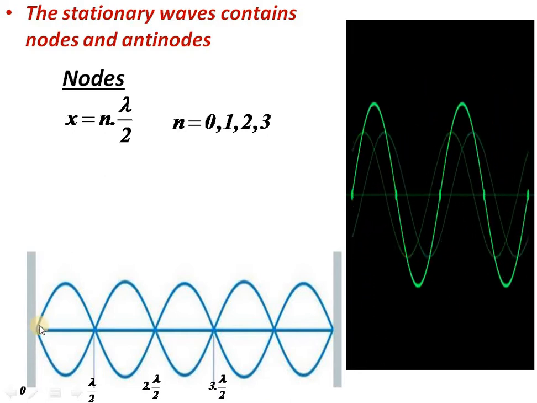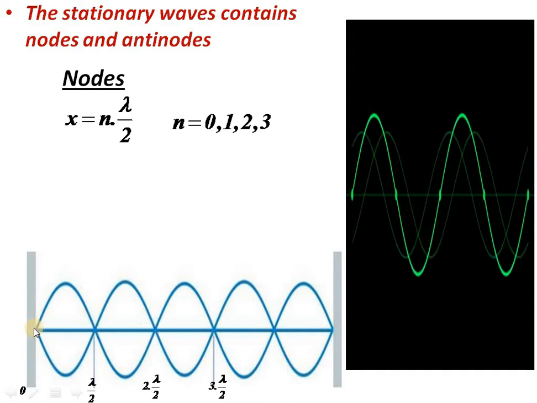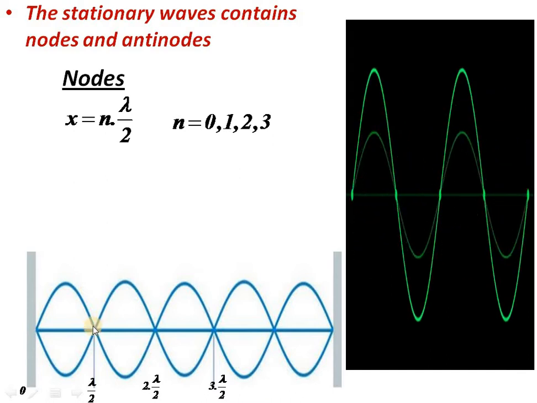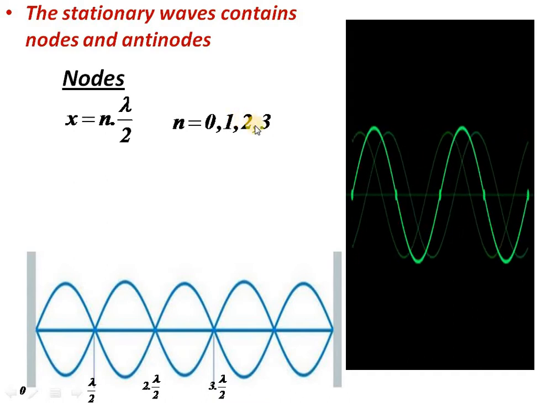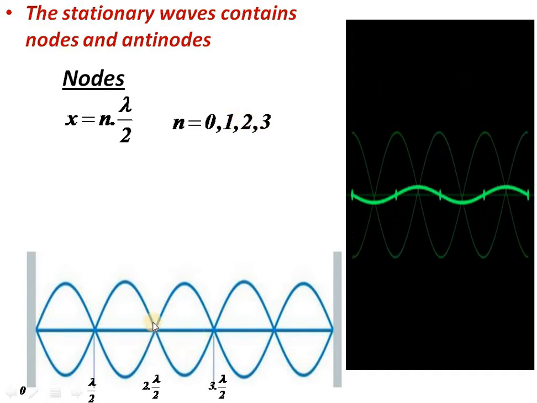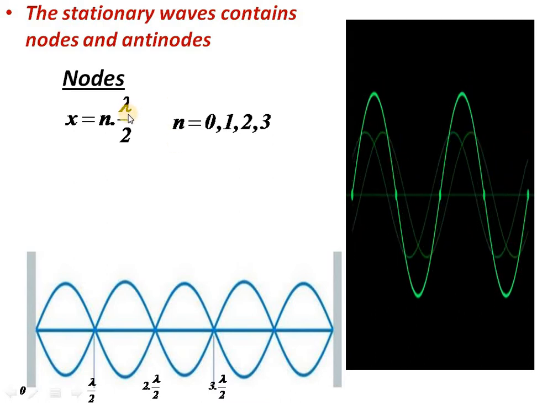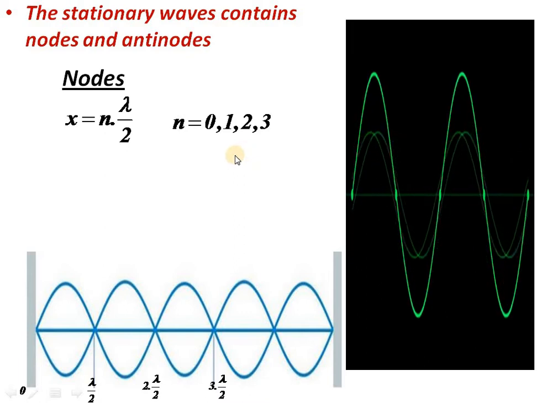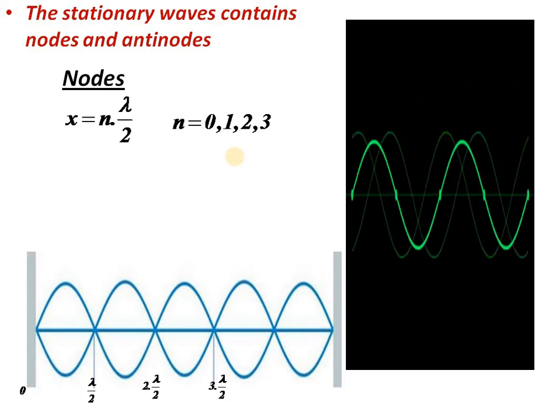Here you can see this one is a node, this one is a node, this one is a node. The first point satisfies n equal to 0, the second point satisfies n equal to 1, that is lambda by 2, and the third point satisfies n equal to 2, that is lambda. Whenever x is a multiple of lambda by 2 for n equal to 0, 1, 2, those are nodal points where displacement is 0.